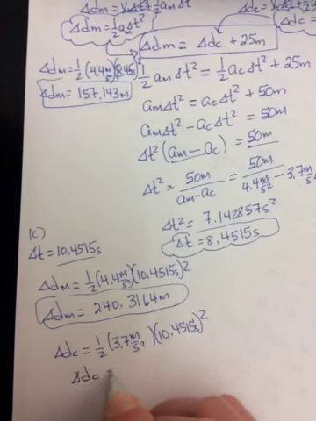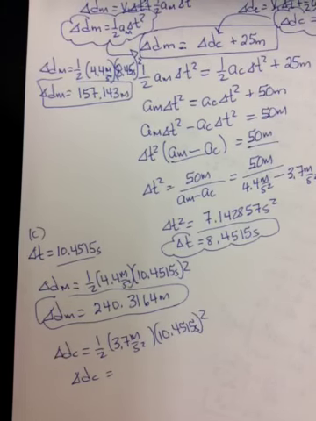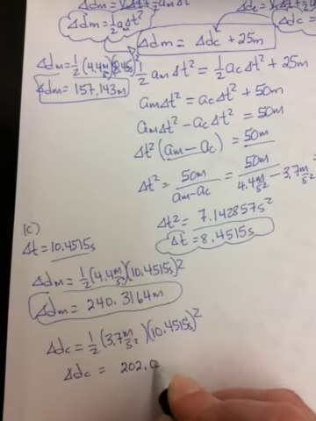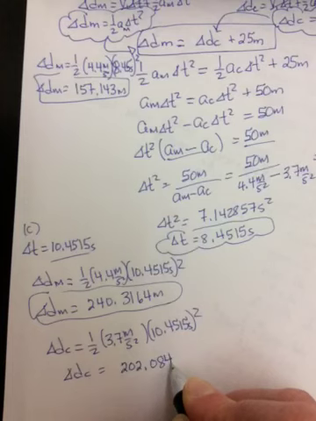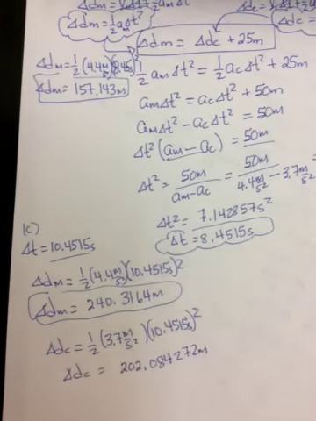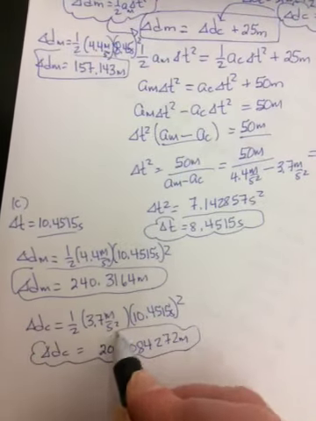Whoops, I need to put my time back in, add 2 seconds to it, square it, times 1/2 of 3.7, and you get 202.084272 meters. This is how far the car has traveled from the beginning.